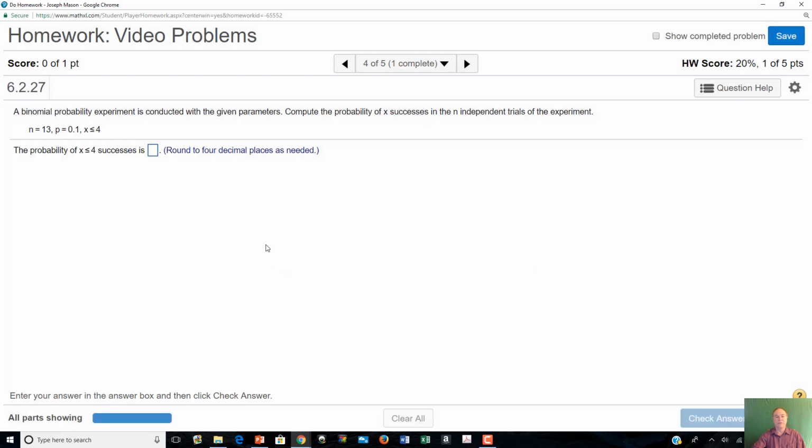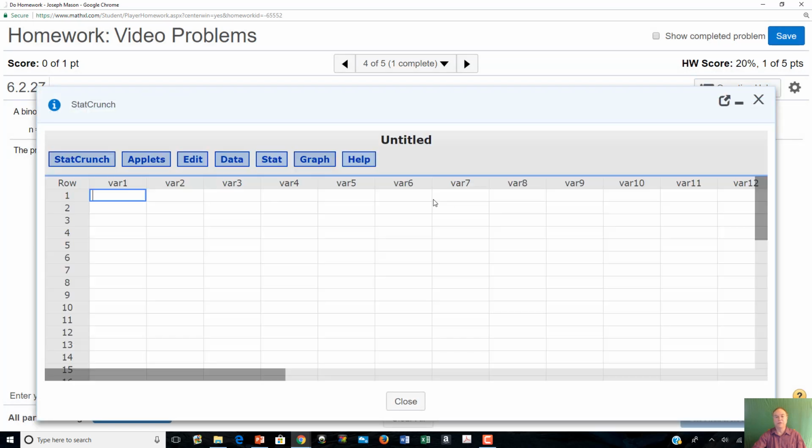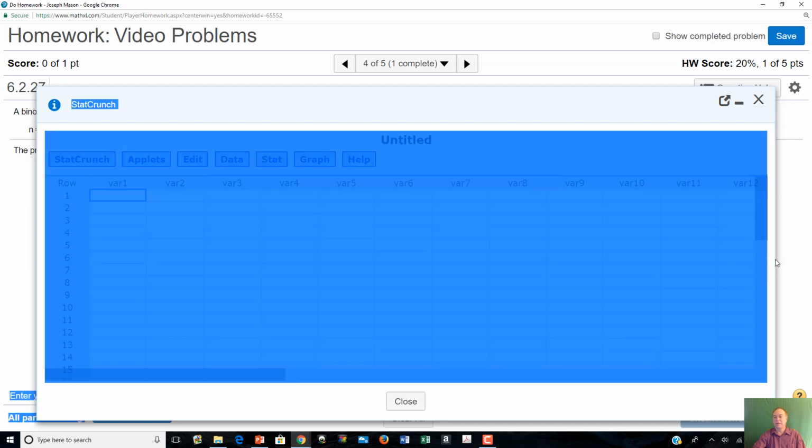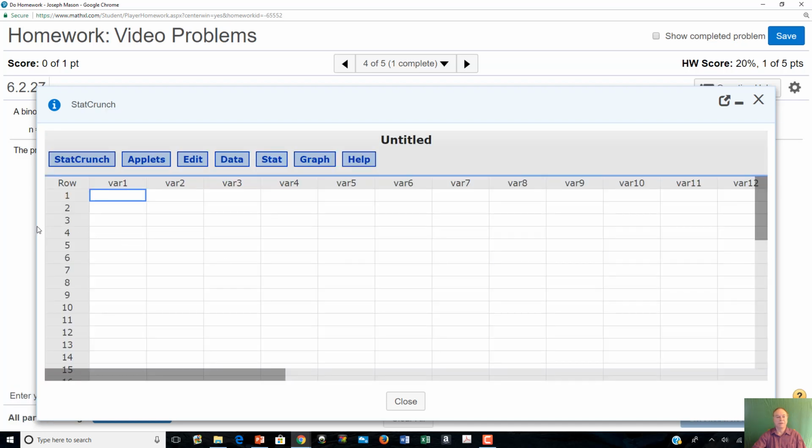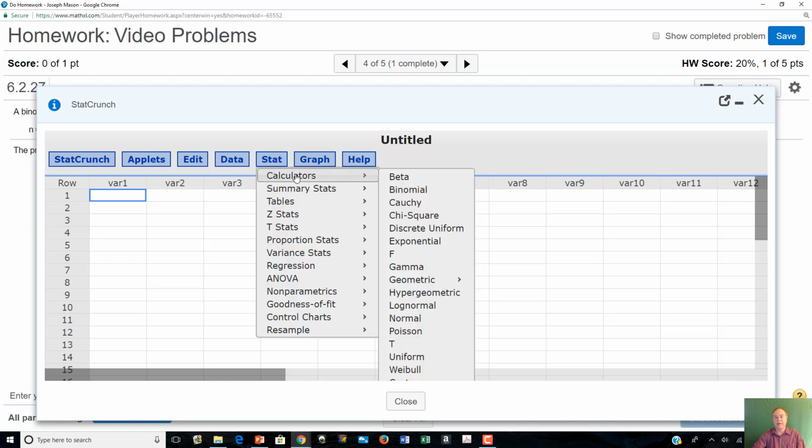Now the next question. This time, n is 13, p is 0.1, x is less than or equal to 4. So I open up StatCrunch. Then I click Stat, Calculators, choose Binomial.